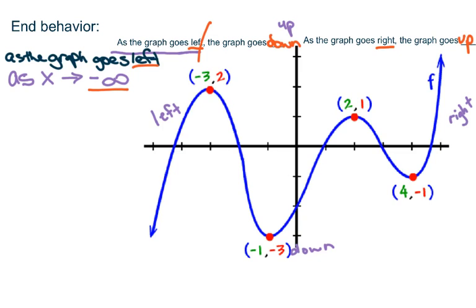So as the x's go to negative infinity, y's, we're going to put a comma up there, y goes, and we said that it went down. Well, on the y-axis, down would be negative infinity. Now we're using infinities because there's an arrow, so it's going on forever, okay? So this right here is just the left side.